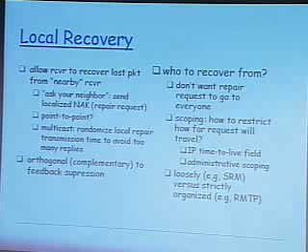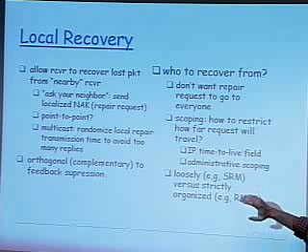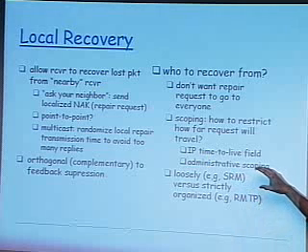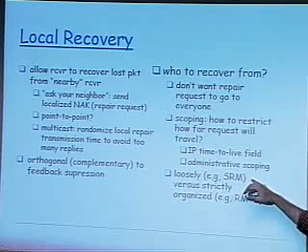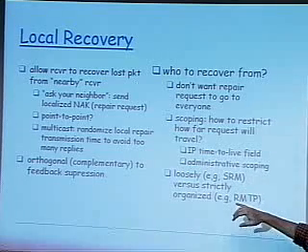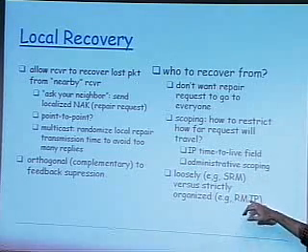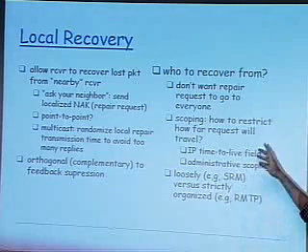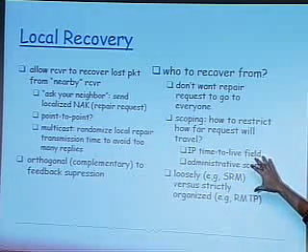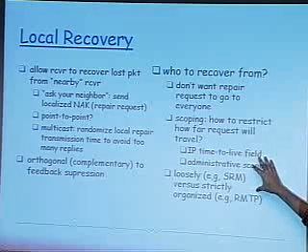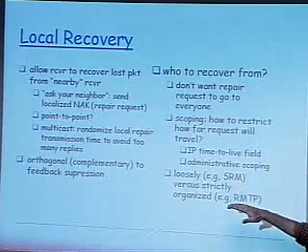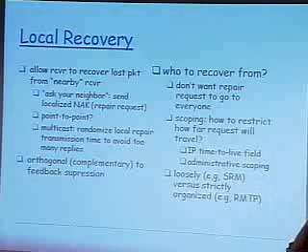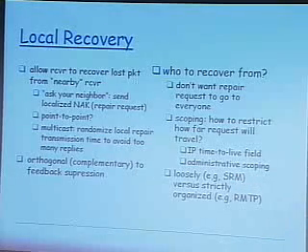So there are different reliable multicast protocols proposed on the internet. One is SRM, Scalable Reliable Multicast, and then Reliable Multicast Transport Protocol, which is RMTP. Both of them do this local recovery in different ways. SRM does it sort of loosely. In RMTP, you do it in a very strict, organized manner by constructing a tree.